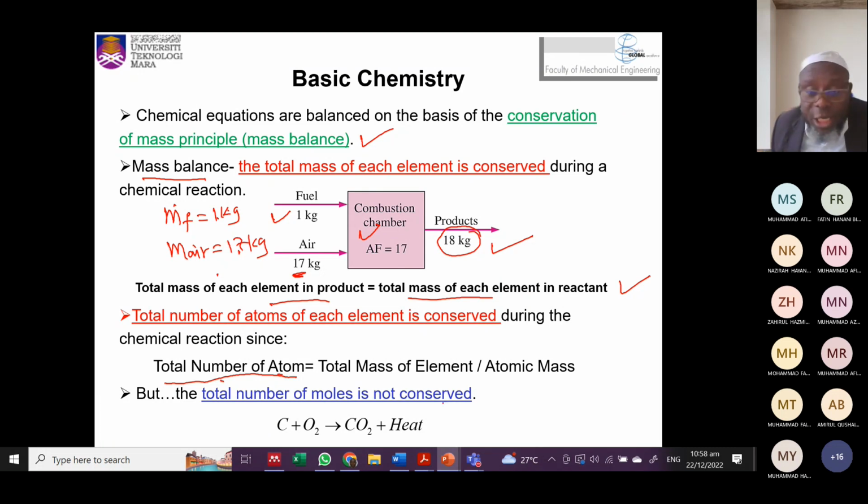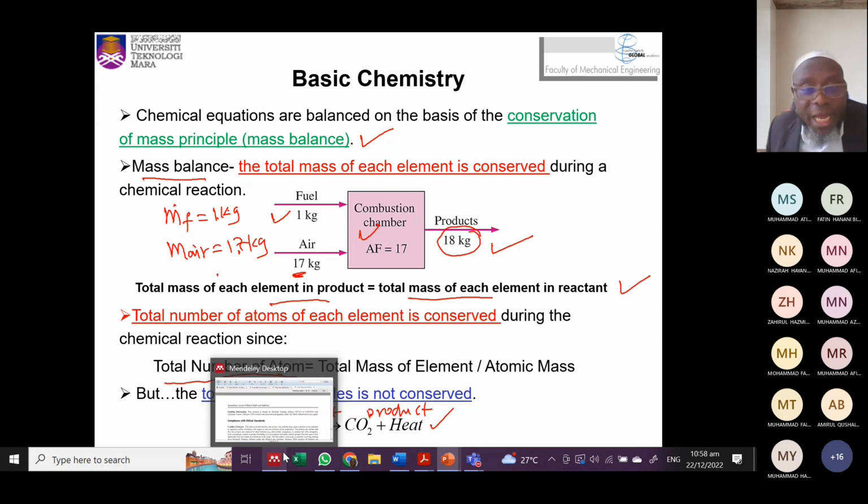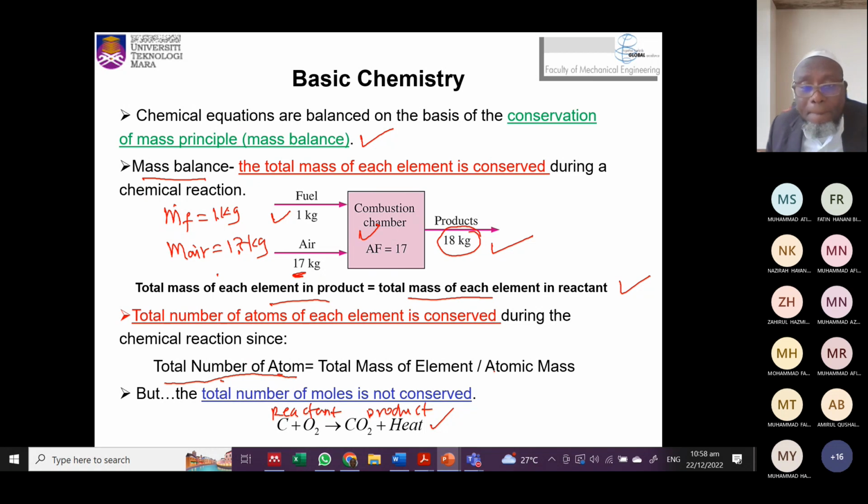For example, let us see in this equation. Here we have the reactant side, this is the reactant, and this is the product. So at the reactant side, how many atoms do we have? Can somebody tell us? Carbon is 1, and oxygen is how many?